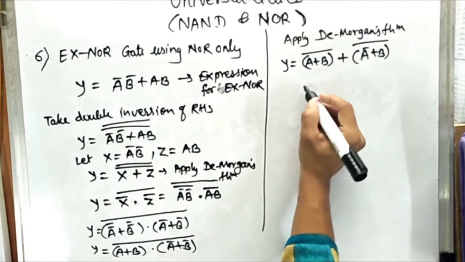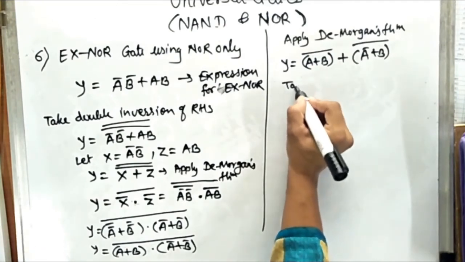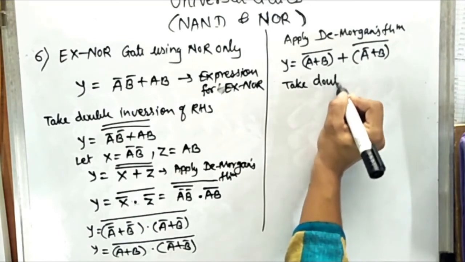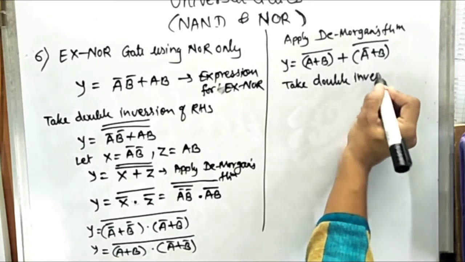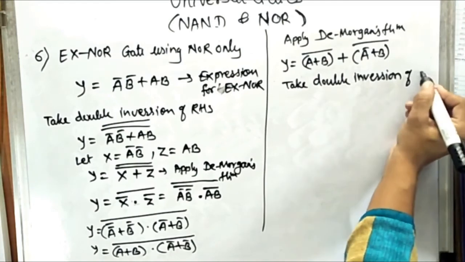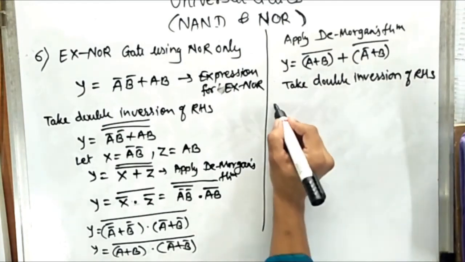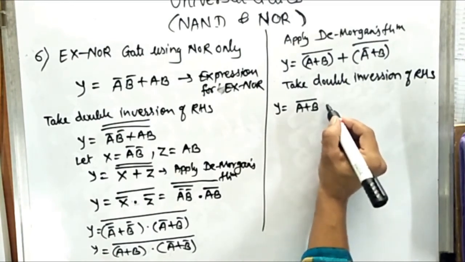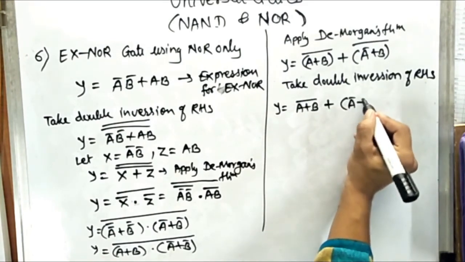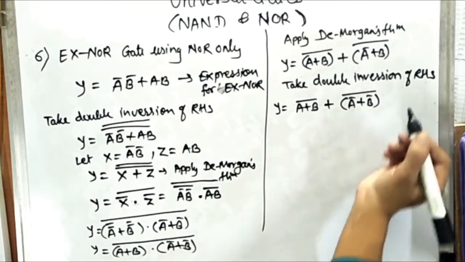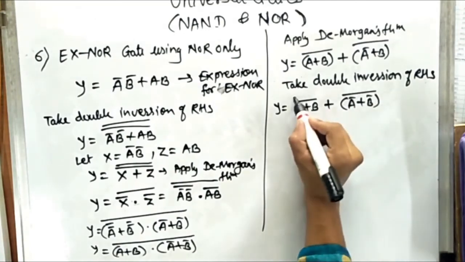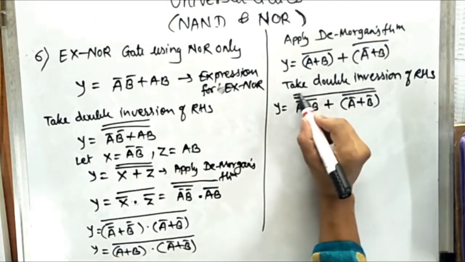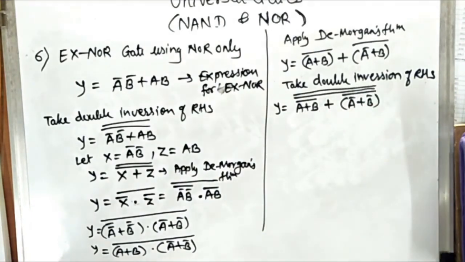So take double inversion of RHS. So we get Y equal to A plus B complement plus A complement plus B complement and the double complement of these two terms. So this is the required expression to construct a XNOR gate using NOR only.